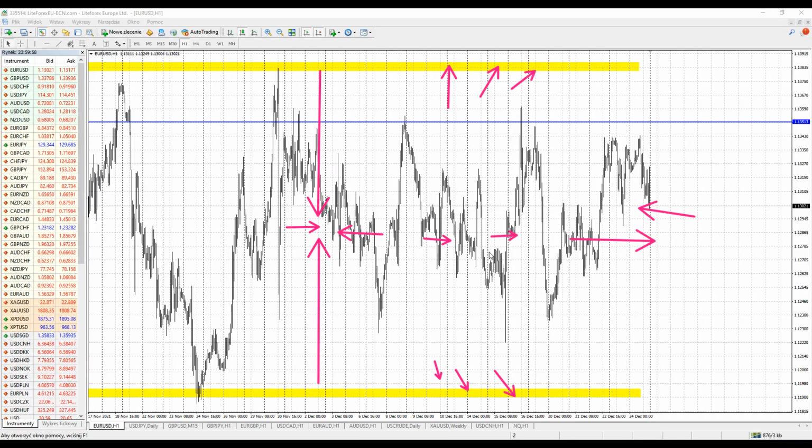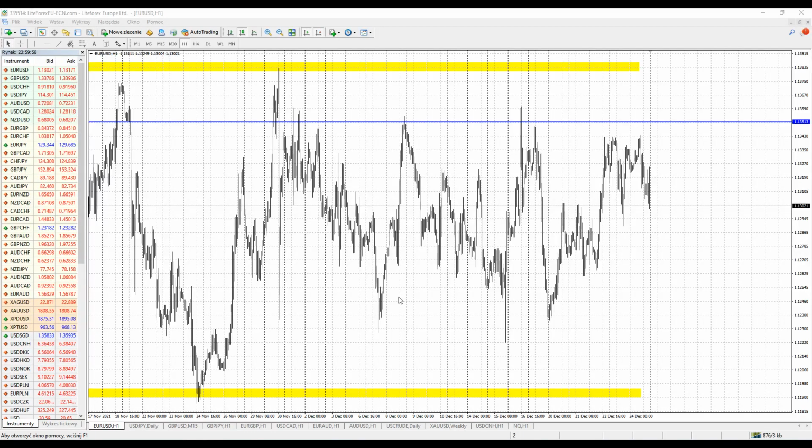I'm looking for my lines. The most important are from the highest time frame. That's the key, guys, right? That's why the blue is much more important, and that's why we had so much positive price action around this blue line on the euro dollar.